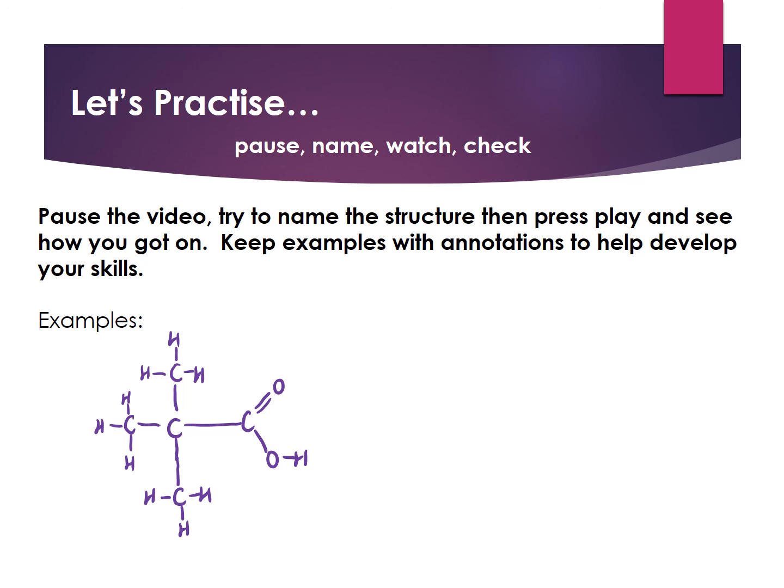Next example here, so this new functional group on the end here is a carboxylic acid, and so the end of the name would be oic acid, something oic acid, like so. We've got 1, 2, 3 carbons in the longest chain, and there's 1, 2 methyl groups here. Now that carboxylic acid would always be counted as the end number 1 carbon in these examples.